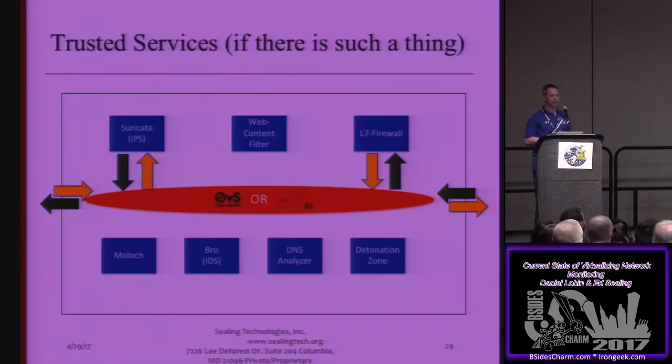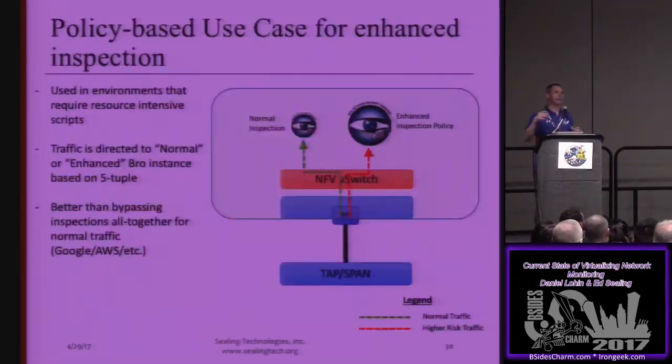An example of that might be if it's traffic going to an internal server, you still want to send it to Bro, but it'll be a stripped down version of Bro that doesn't use a whole lot of policies. It's only got specific policies that you want. But if the traffic has a source or a destination of Russia or North Korea, you're going to want to send it to a different Bro. If you look at it as one pipe and send all your traffic to one Bro, you can't get that kind of granularity.